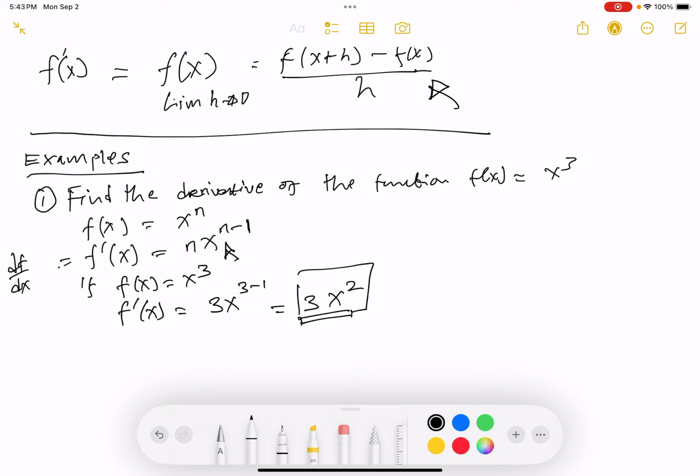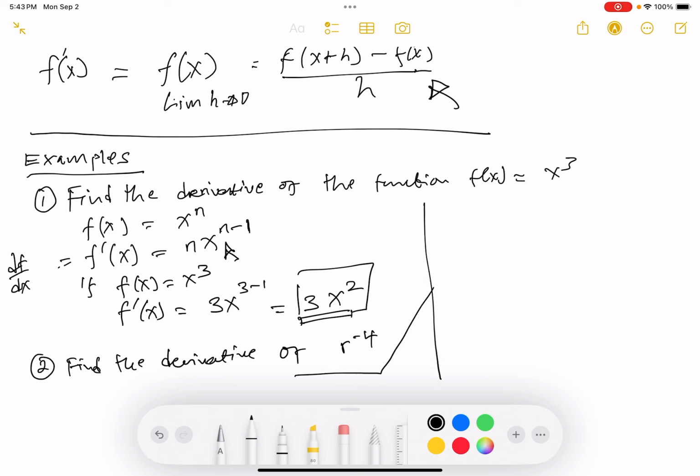Example 2. Find the derivative of r to the power of minus 4. What do we do? We do the same thing we just did.